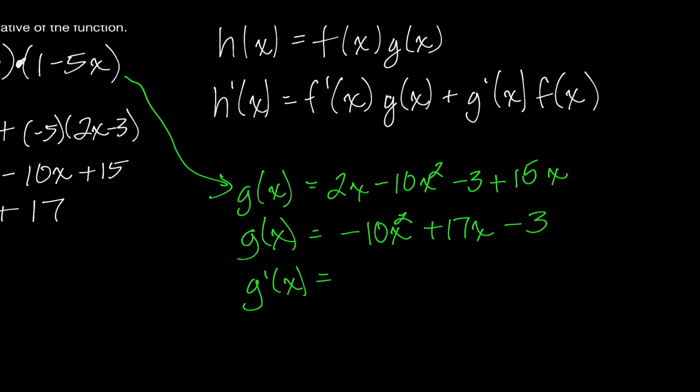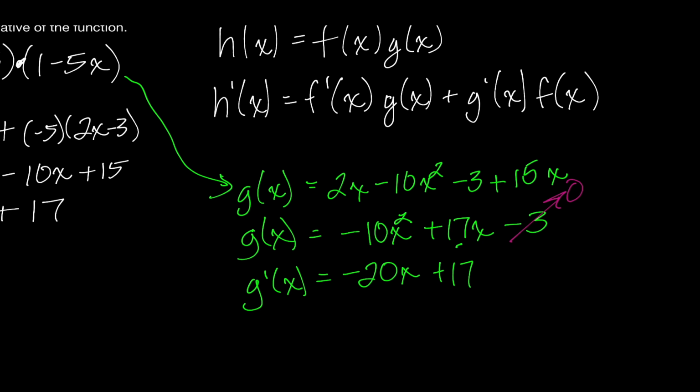So let's see. 2 times minus 10, well, that's a minus 20. X to the 1 because I reduced the power by 1. And let's see, 17x. That becomes a 17. And this guy over here, he just goes to 0.